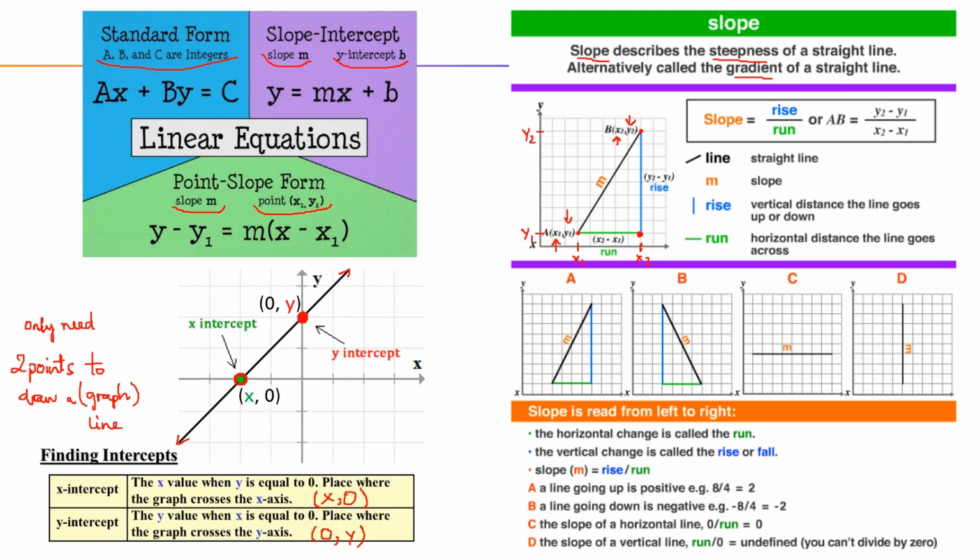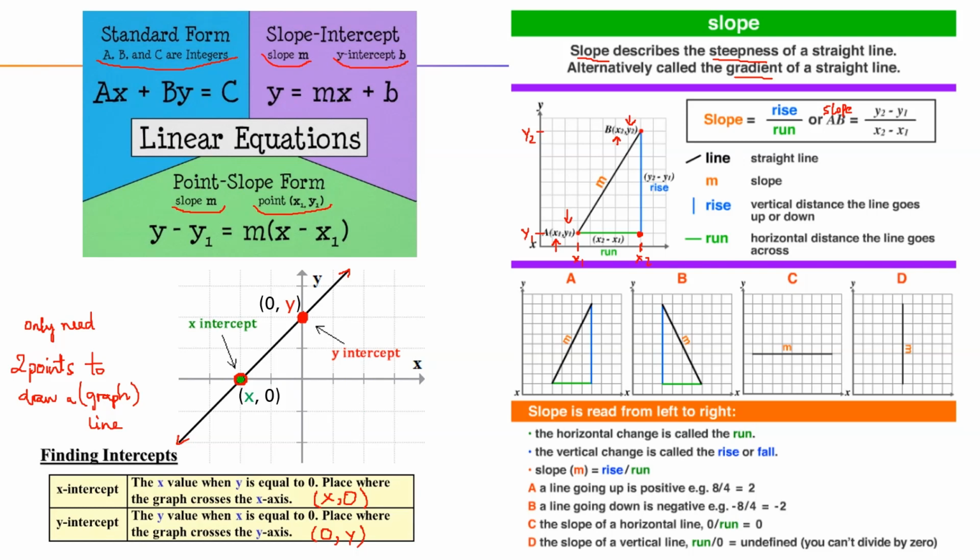So the slope will be y2 minus y1 over x2 minus x1. This is to say the slope of AB, the slope of that line, okay?